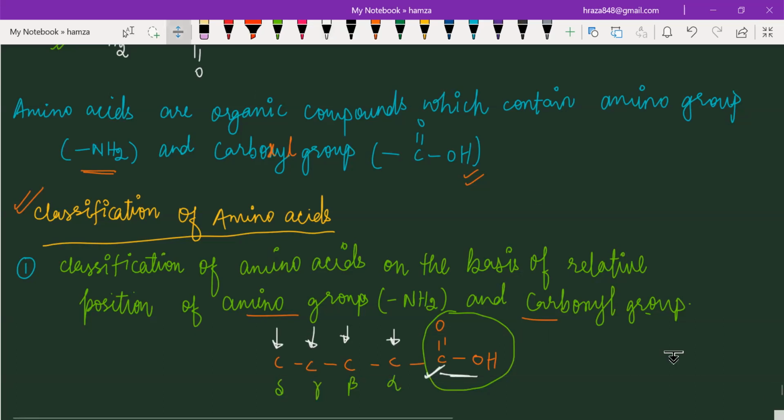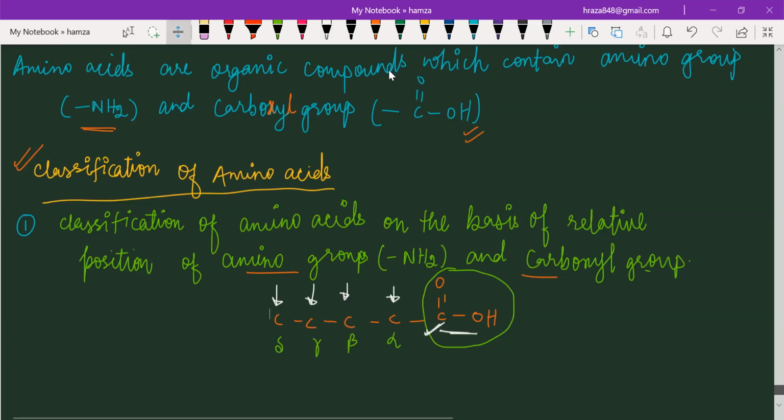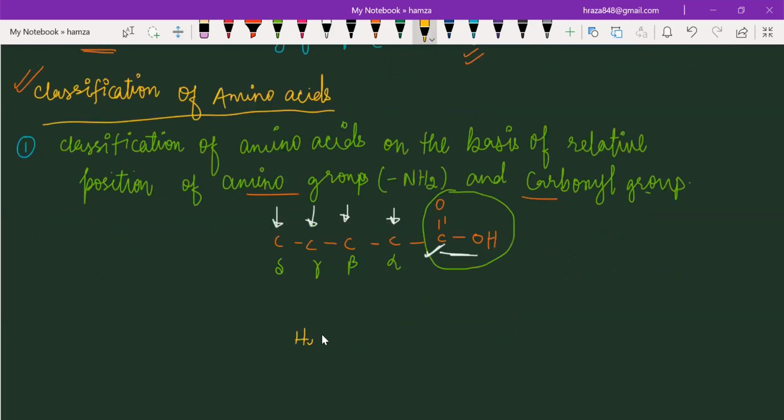So how are we going to classify an amino acid? It's very simple. If we have an amino acid like H2N, with hydrogen here and hydrogen here, and COOH, you know that this is a carboxylic acid. This carbon is known as alpha carbon, and NH2 is connected to the alpha carbon.